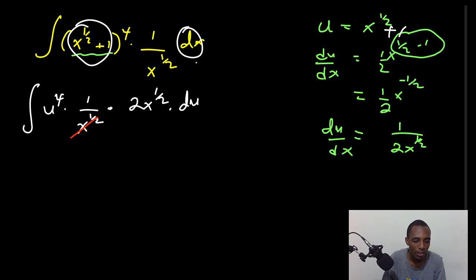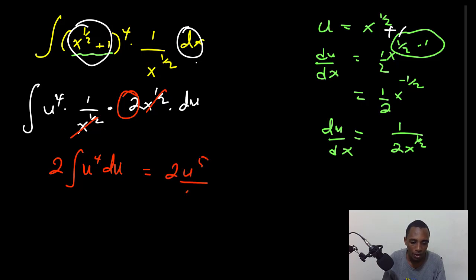You can see x to the power 1/2 nicely cancels out. This 2 is a constant, so I'll bring it out. I have u to the power 4 du, which is 2u to the power 5 divided by 5 plus a constant of integration.